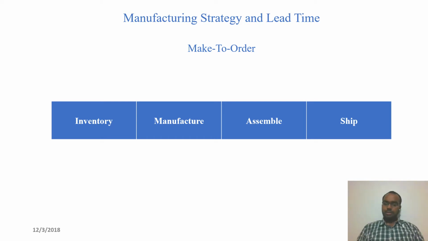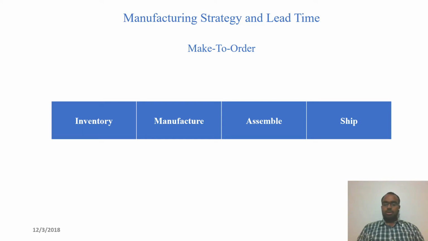In this, the inventory stage holds the raw materials in the warehouse until a customer order is received. Once a customer places an order, the manufacture stage converts the raw materials into subcomponents, and the subcomponents are assembled in order to form a final product using the assemble stage, and in the ship stage, the final products are sent to the customer.